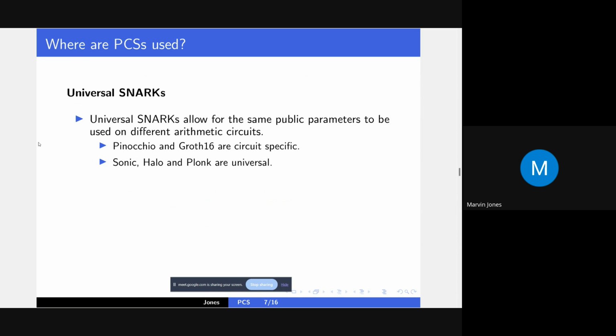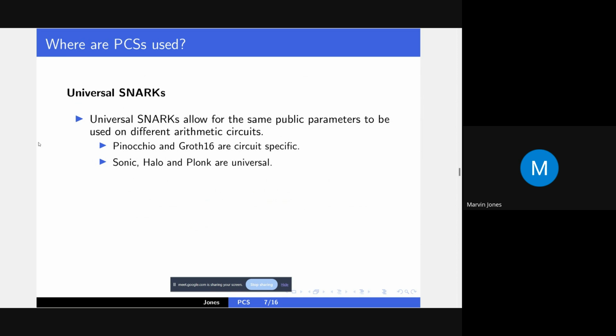More modern SNARKs are universal because you want to be able to just get your public parameters and use different circuits in different scenarios and not deal with public parameters that have to be recomputed constantly.